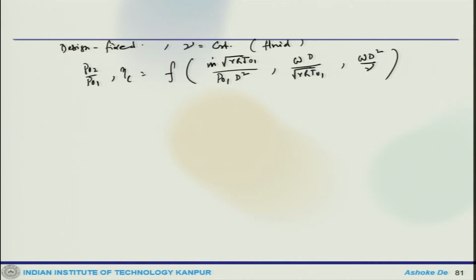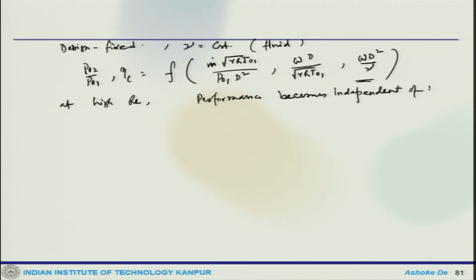Typically the compressor operates at very high Reynolds number, and in that range performance is almost independent of Reynolds number. So at high Re the performance becomes independent of Re.